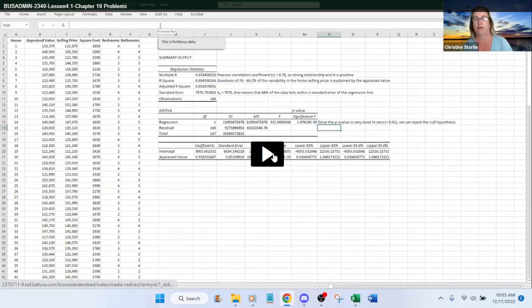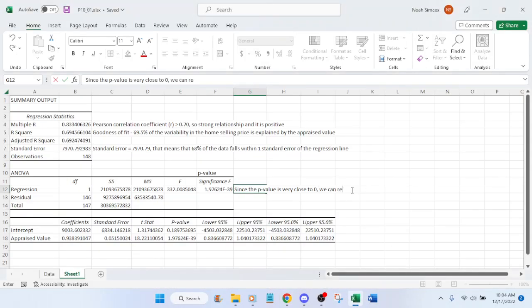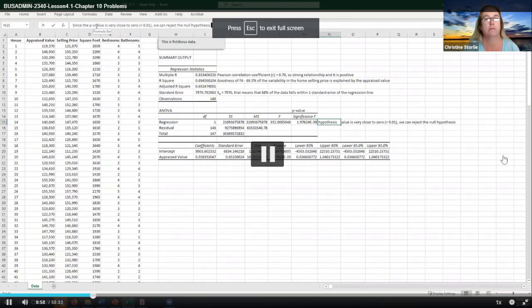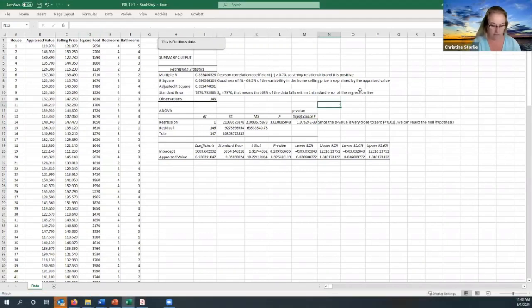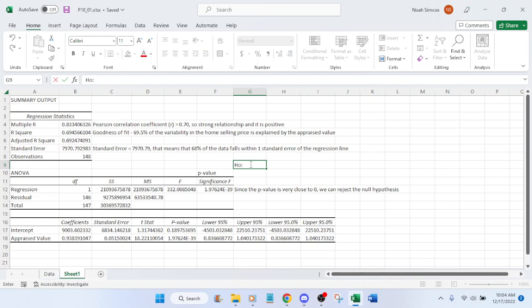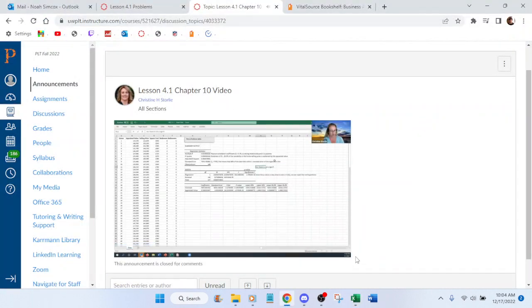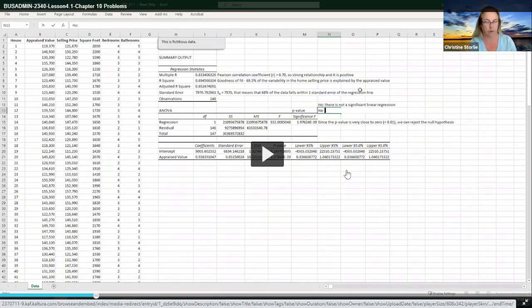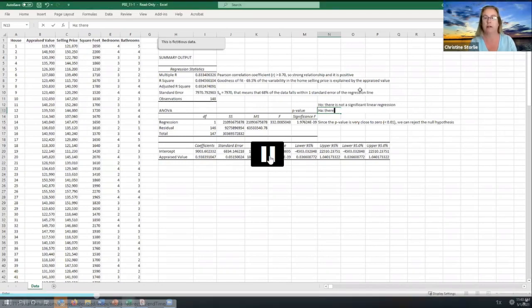Awesome. Well, what is the null? For every linear regression, the null is that there is not a significant linear relationship. The alternative is that there is a significant linear relationship.